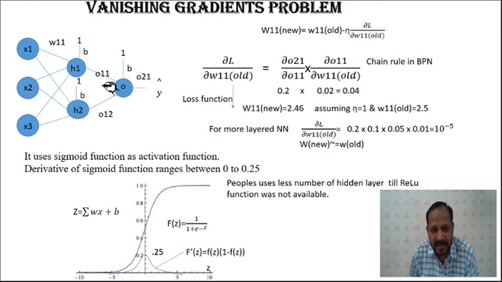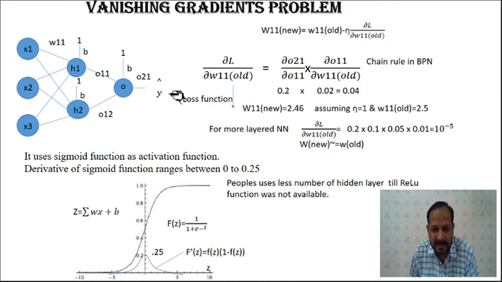So our ultimate aim is to reduce the loss, or the cost function, or the error y minus y hat. For that we use weight updation, which is done by the back propagation algorithm.